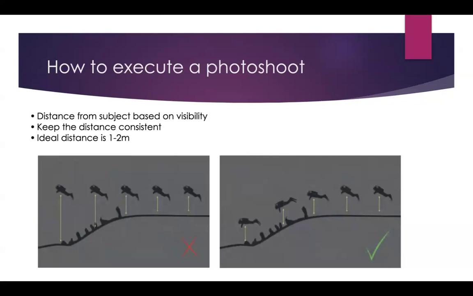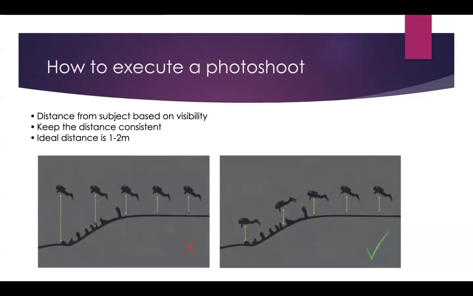So let's talk a little bit about how you execute a photo shoot. I call it an object, but basically let's think about wrecks, right? So what you want to do is choose a distance from the wreck. Obviously, if the visibility is fantastic and it's nice and light, you can be further away.